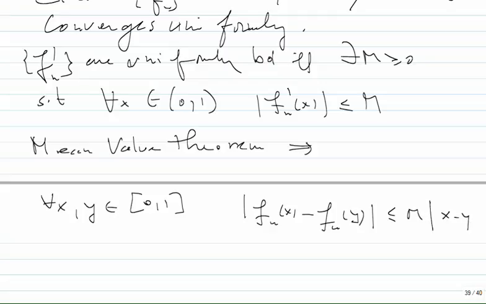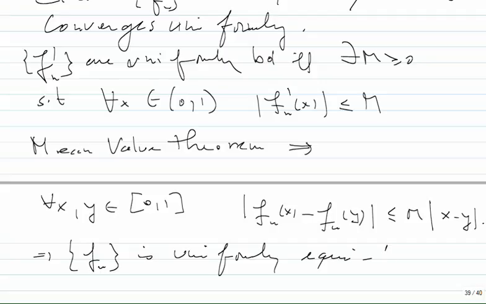And this, of course, will imply, see, we have a family of uniformly Lipschitzian mappings, all with the same Lipschitz constant M. And therefore, this will imply that the sequence F_n is uniformly equicontinuous. I mean, the delta will be epsilon over M.